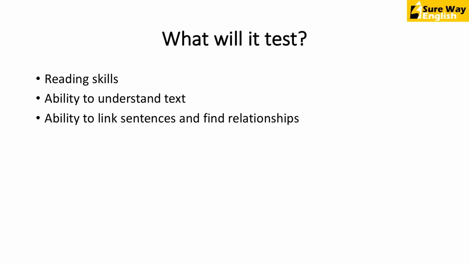In other words, you have to be able to tell that this particular paragraph requires some information which is given in this other paragraph. So that's why the second paragraph should go before this particular paragraph. That depends upon your ability to identify and find those relationships.